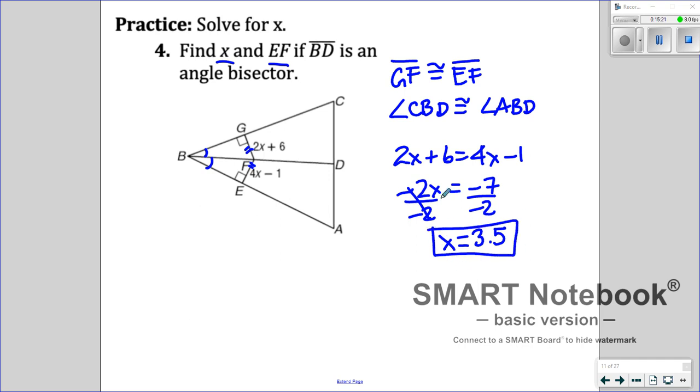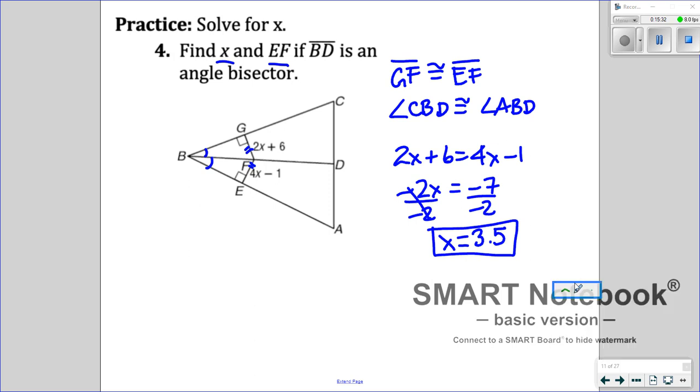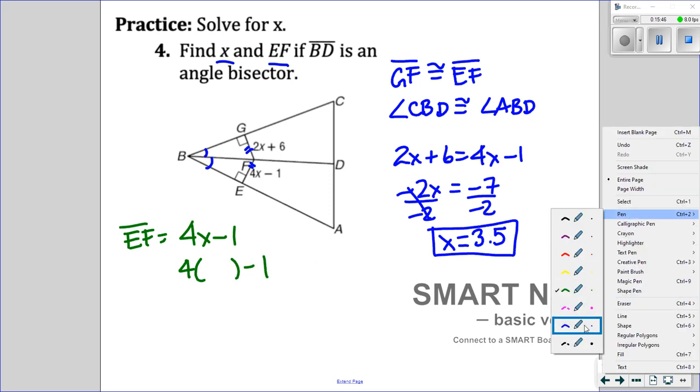I'm not done yet because they asked me for two things, to find x and EF. So I look for EF. So EF is 4x minus 1. So I'm going to plug in what I found for x. So I'm going to put this so that way you know where this is coming from. And then I just plug in my 3.5 and I'm going to put that in blue.